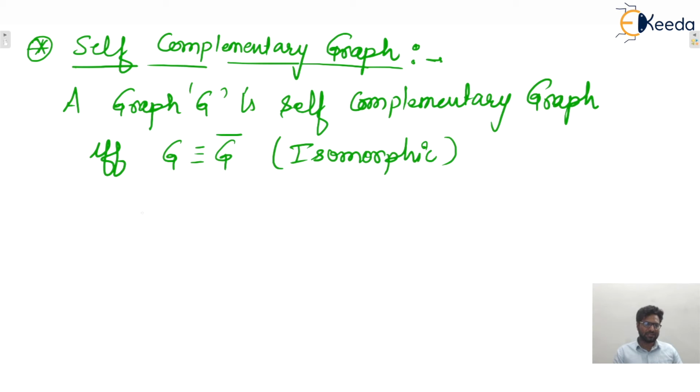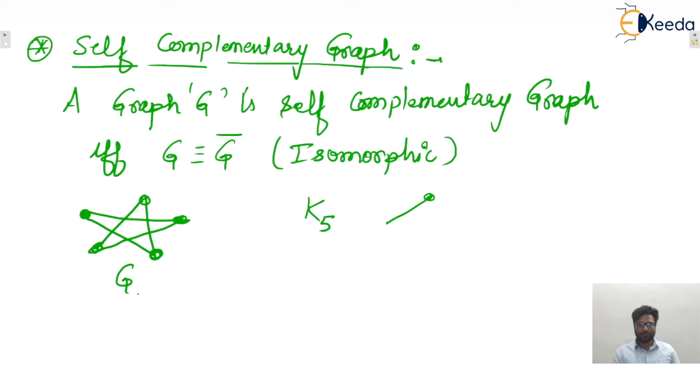So let us consider this is the given G. Now if we take the complement of this graph, this is G with 5 vertices. So take K5. K5 will be this one only. Inside K5, one star-like structure is there.